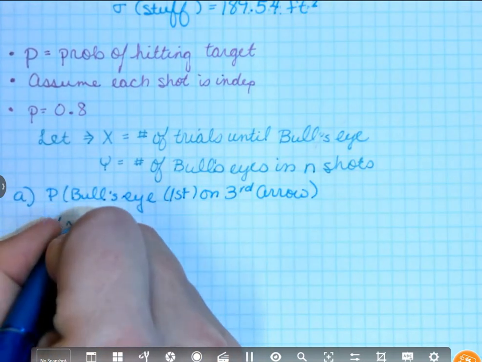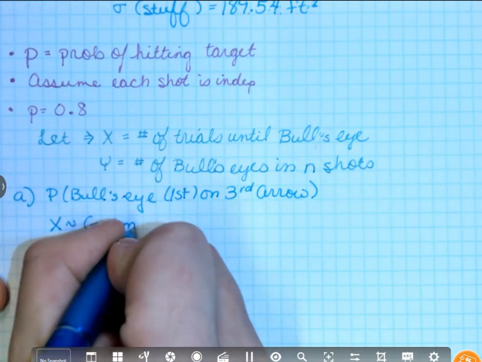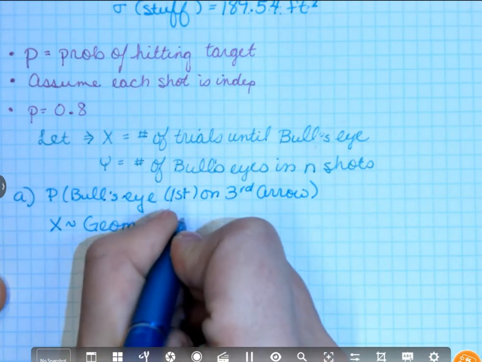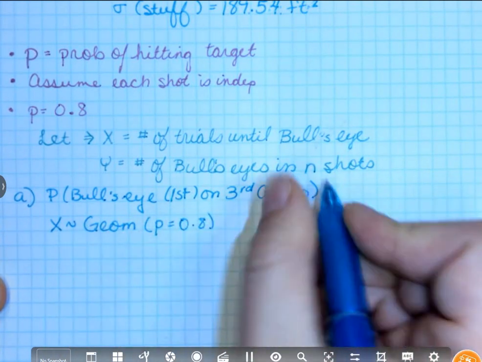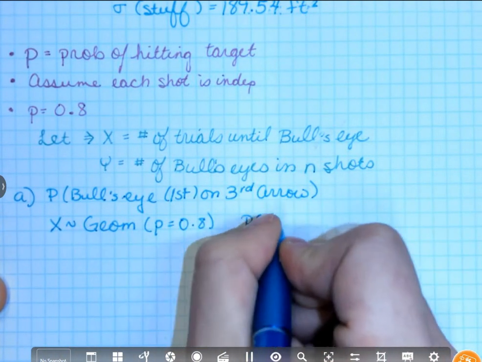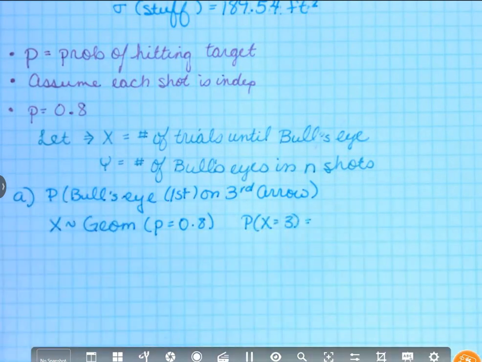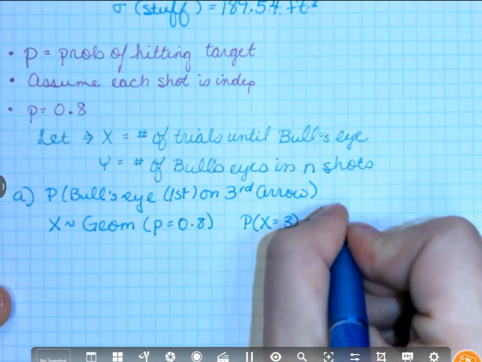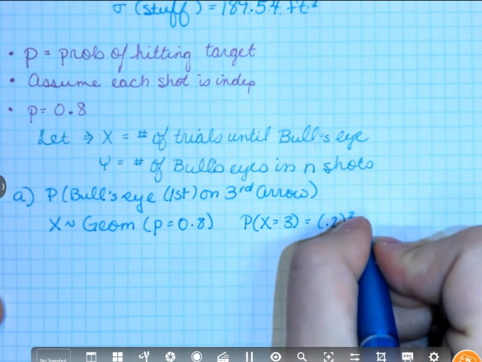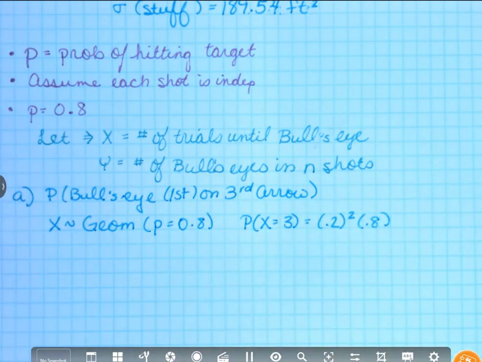So this is my geometric probability, where P was 0.8. So the probability that X occurred on the third arrow, how do I calculate that? Right. That means fail, or 0.2 squared, times 0.8.